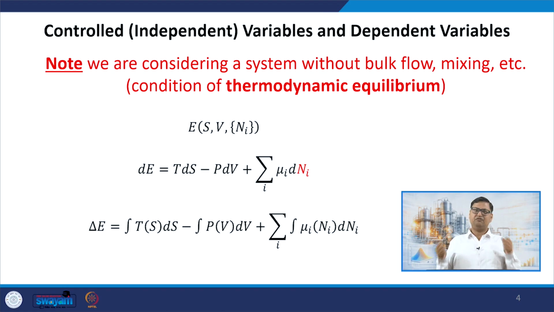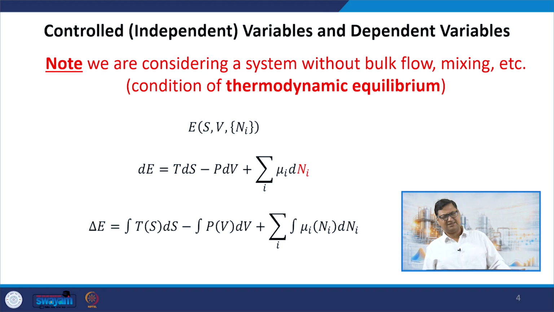The main force present in the system is the intermolecular force, and there is no external agent causing flow or mixing. Of course, you have a system and a surrounding, and we will take that discussion further, but there is no external agent like flow, mixing and things like that. So, in that circumstance, one can achieve a condition of thermodynamic equilibrium.